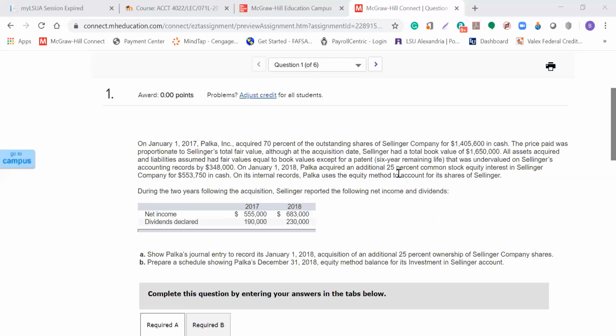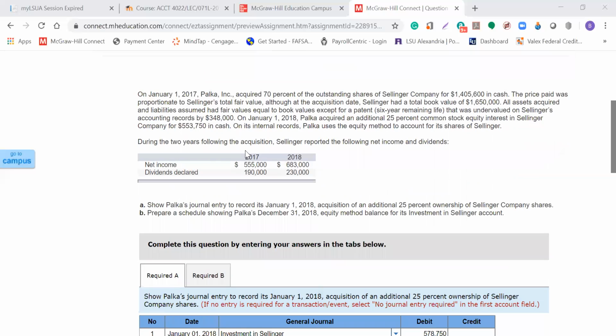On January 1, PACA acquired a 25% stock interest in the company for $553,750 in cash. On its internal records, it uses the equity method for accounting for the shares of Sellinger. During the 2 years following, you have the net income and the dividends declared.